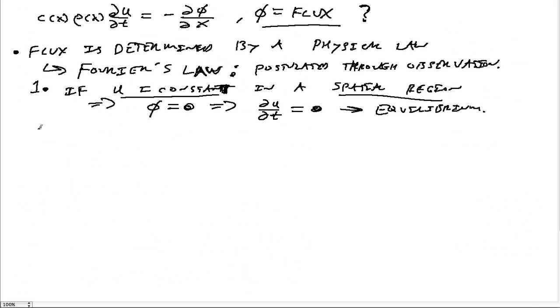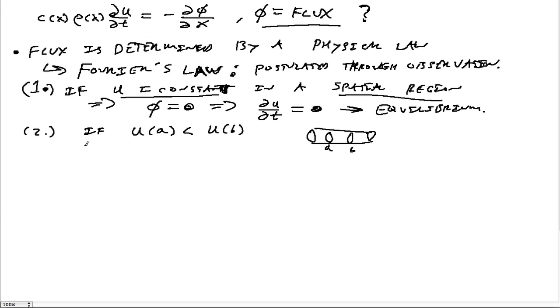Okay, so another part of the law. We have to postulate this. If u at some point A, and we'll just think of time as being frozen, is less than u at some point B, where we think again on the rod, that's A there, and there's B. If this is true, then we would say that the flux is going to be less than 0.